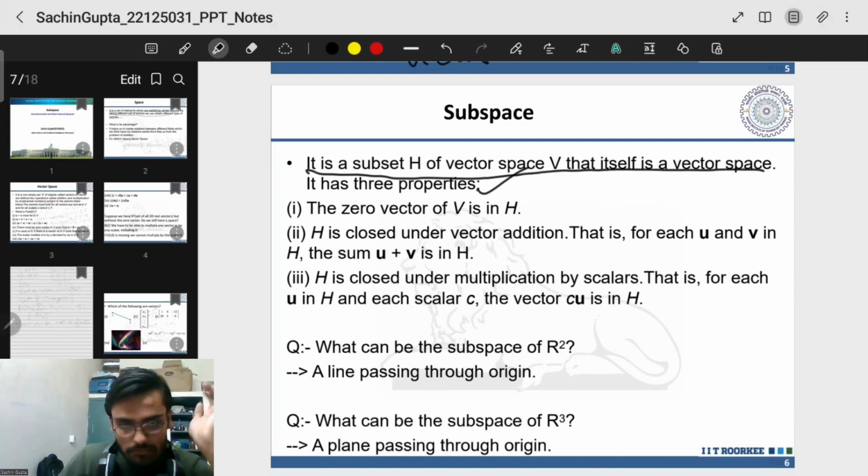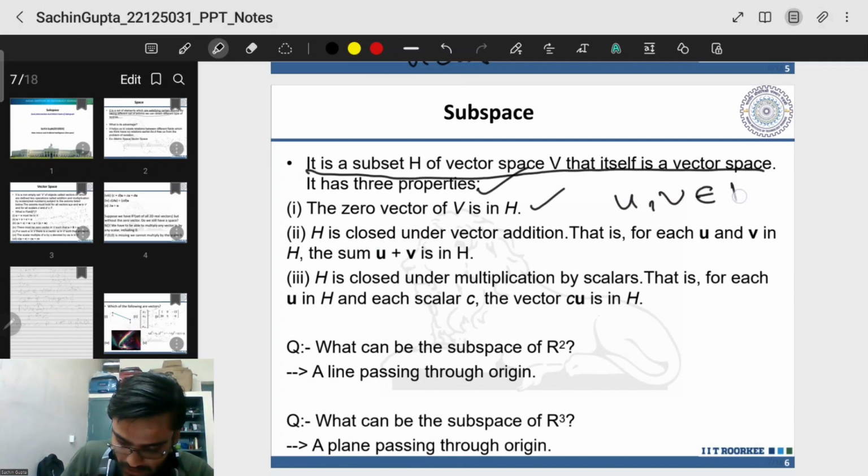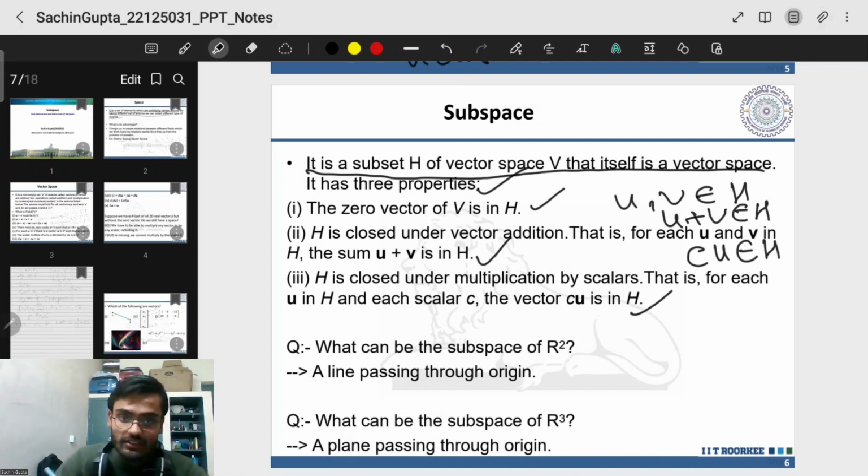Because the subspace is also a vector space, the 0 vector of V must be in H. Now H is closed under vector addition, that is, if u and v belong to the subspace H, then u plus v also belongs to H. So this property must also be checked. And scalar multiplication, that is, cu must belong to H. So if these three properties are satisfied, then we can say that it is a subspace.